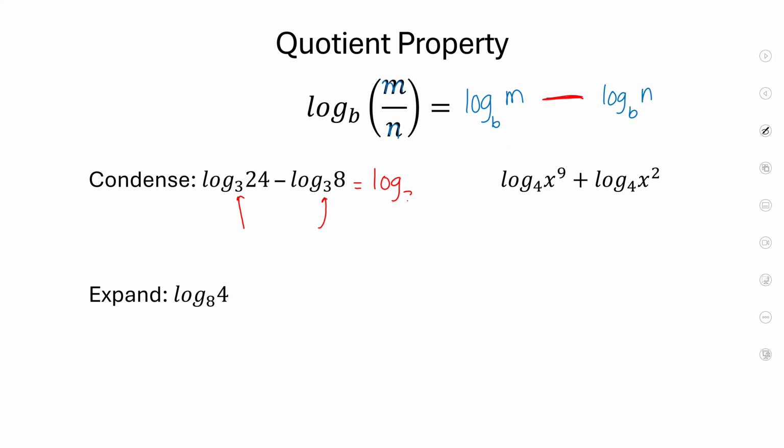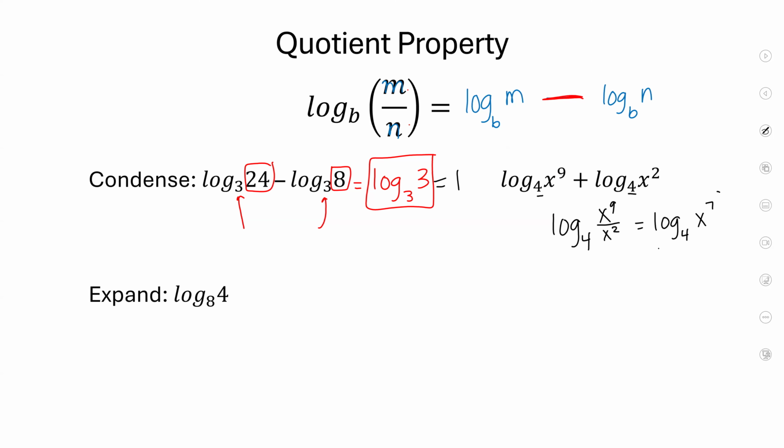So that's my answer. And of course, guys, remember, this is just 1. All right, this one. The bases are the same, so I'm going to put log base 4 of x to the 9th over x squared. That's just log base 4 of x to the 7th.